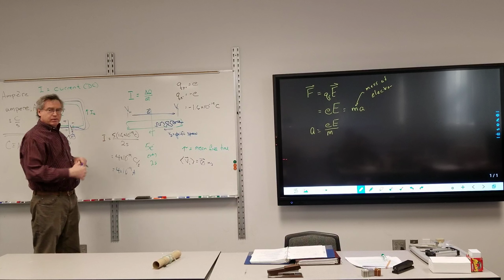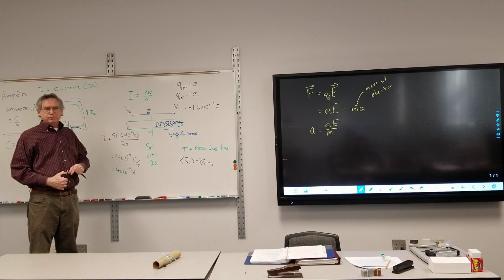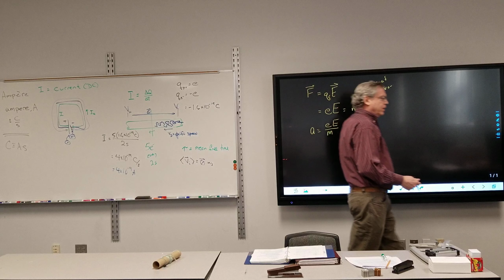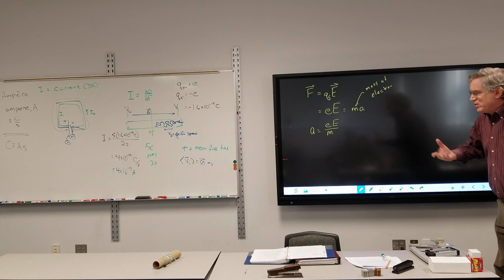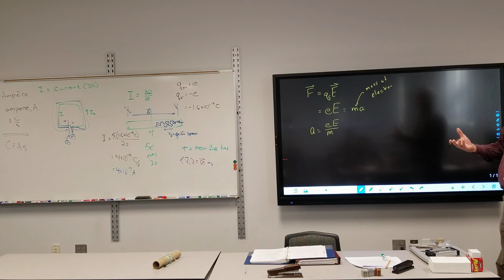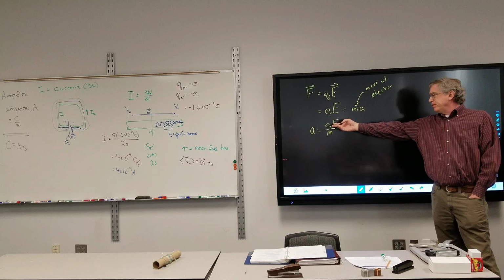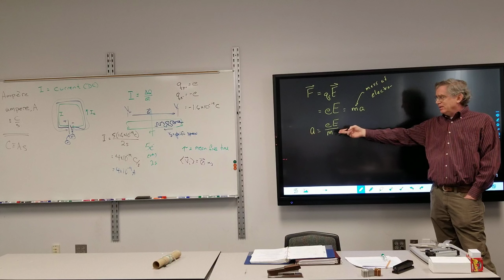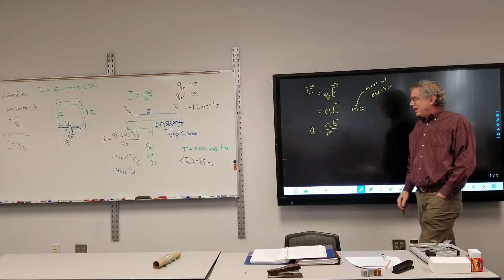The brackets around it are just shorthand notation for average. So if I've got this object that on average is starting at rest, it has an acceleration of charge of an electron times the electric field divided by the mass, for a certain amount of time, tau.